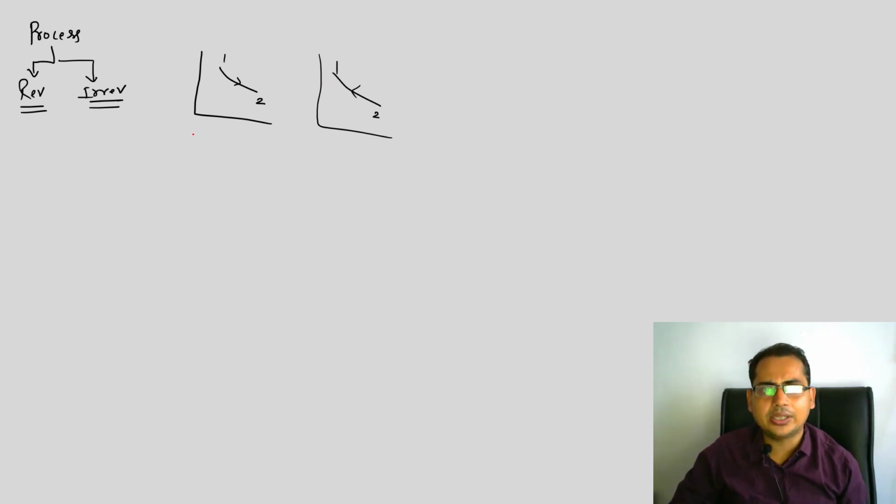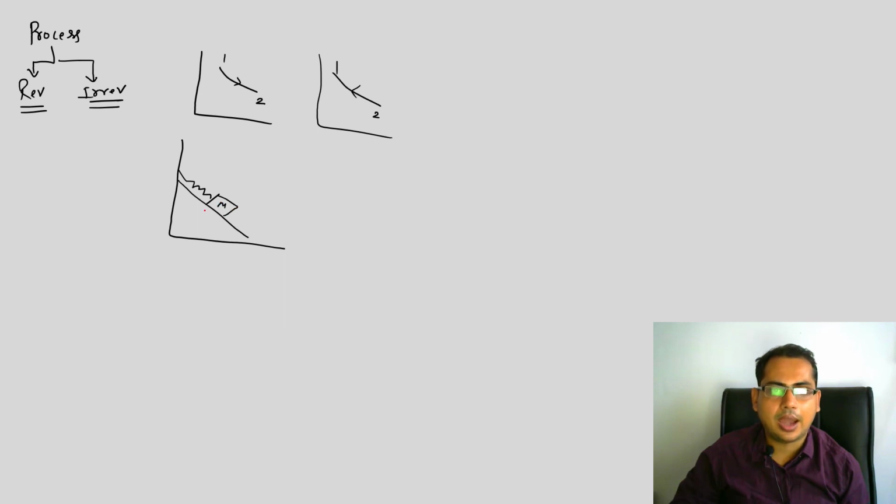How can you understand it? You can understand it with one basic example. Suppose there is a spring connected with a block, and the block is moving from 1 to 2 and then comes back from 2 to 1.